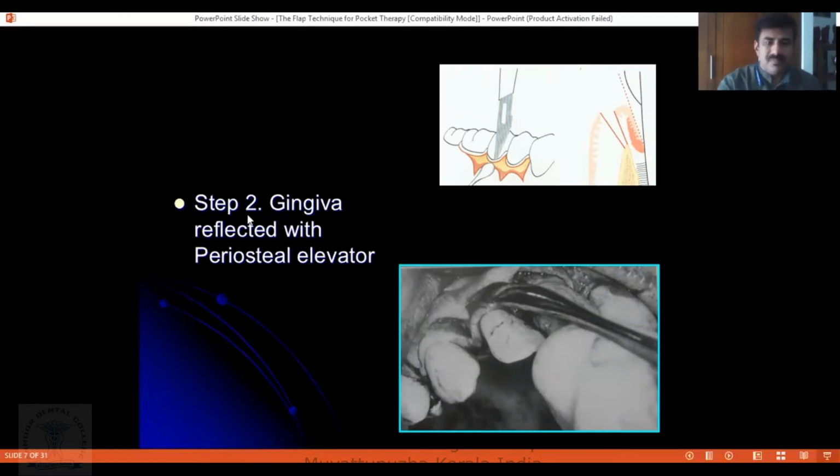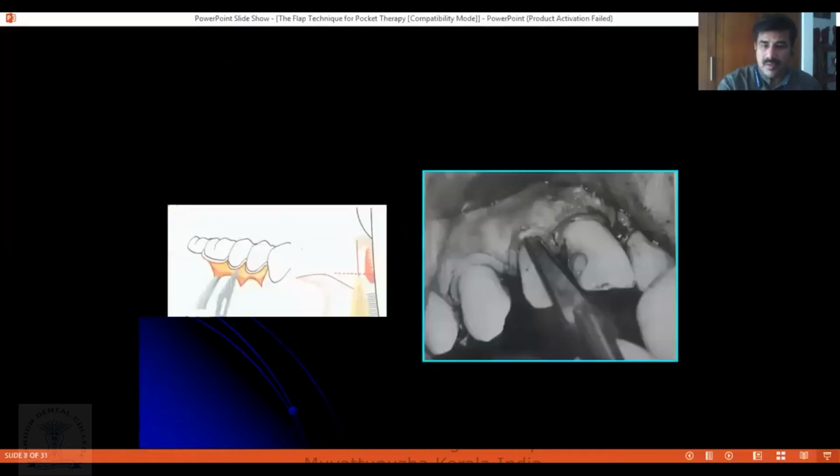Then the gingiva is reflected, as you can see. You can see this band of tissue. The same incision you have to put in the palatal aspect also, and reflect the palatal aspect also. So you get a V-shaped tissue all around the tooth. And then you put your second incision, which is known as the sulcular or crevicular incision.